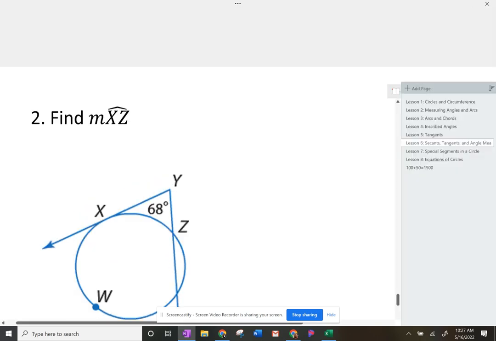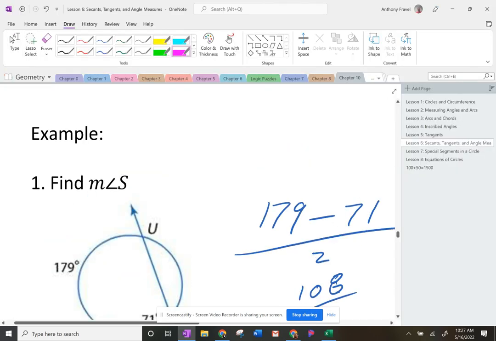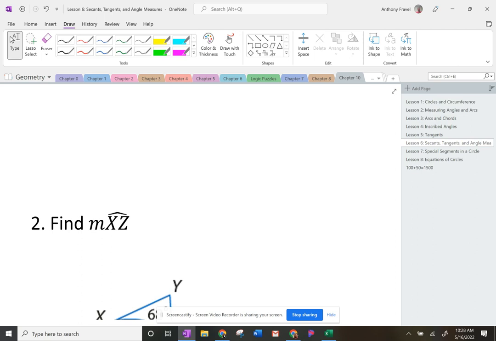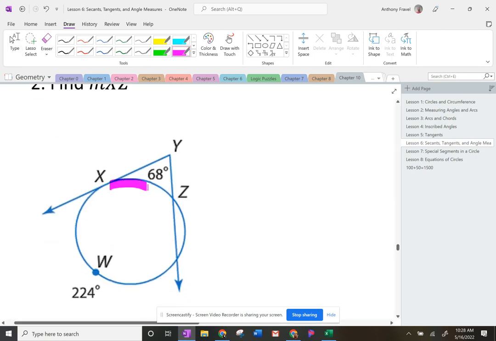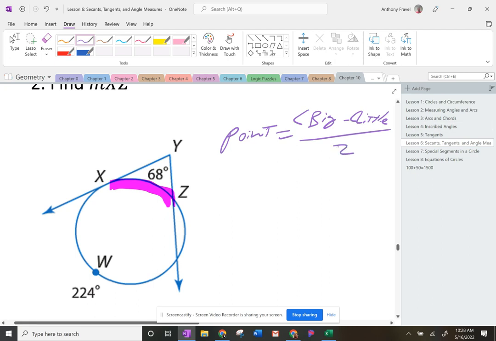So this one is a little bit different. Same formula. They're trying to have us find this arc. It's still the same general formula though. I've got the point is going to equal the big angle minus the little angle divided by 2.